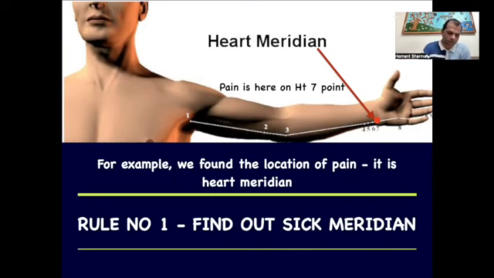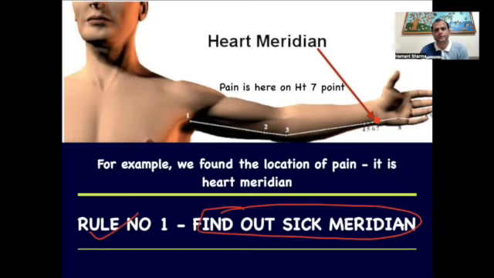Rule number 1, find out the sick meridian. One person is telling, oh, I am having wrist pain. My pain is here in the wrist. So the pain is on the location of Heart 7. I already told you, you have to keep the chart of all 12 meridians in your clinic or on your table.